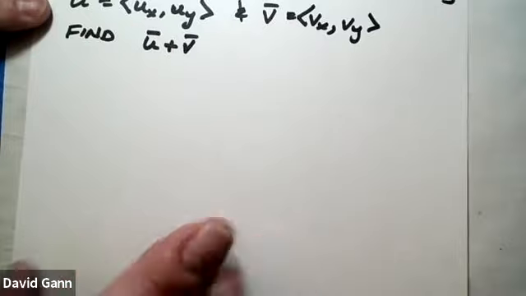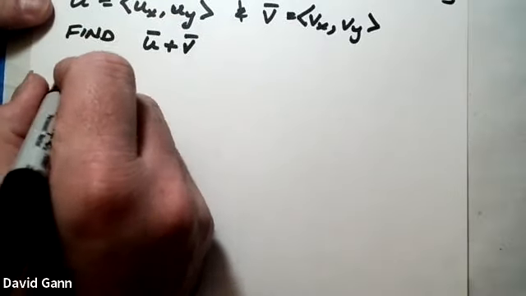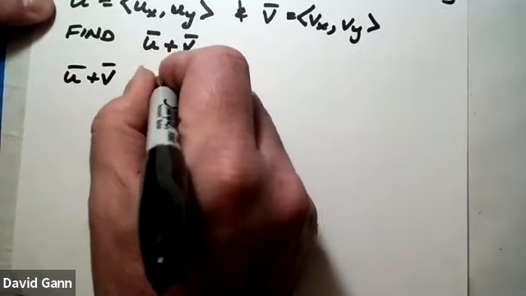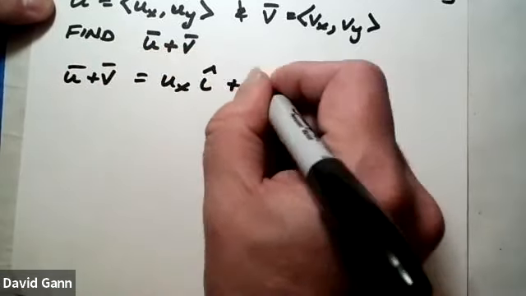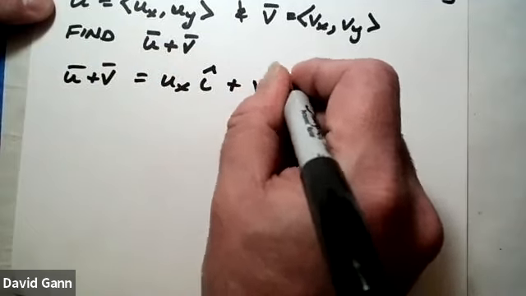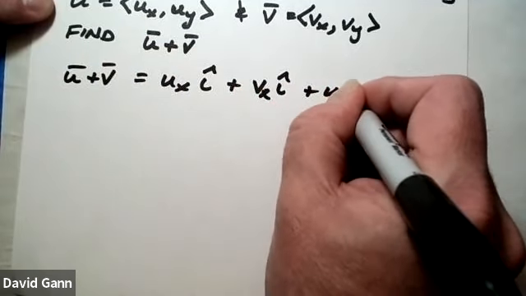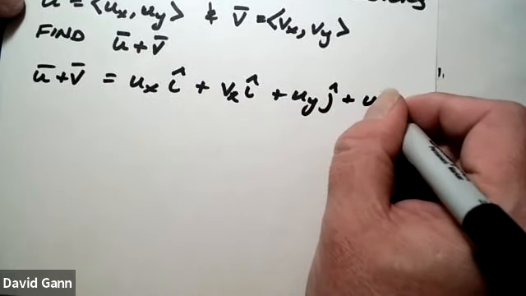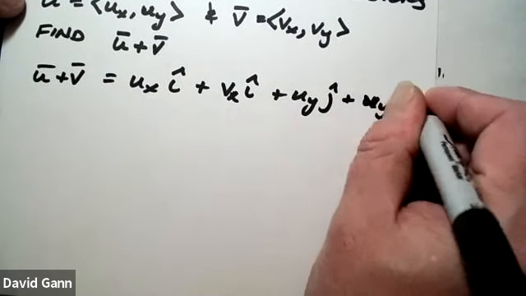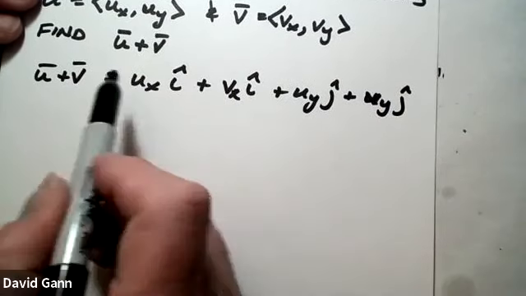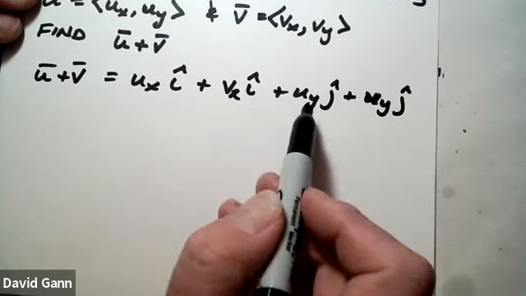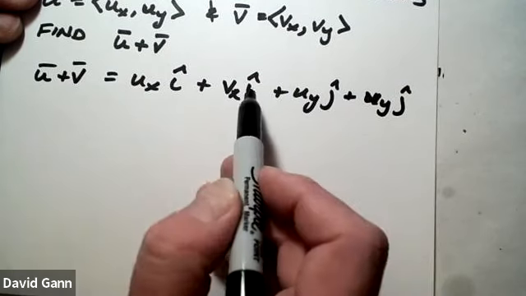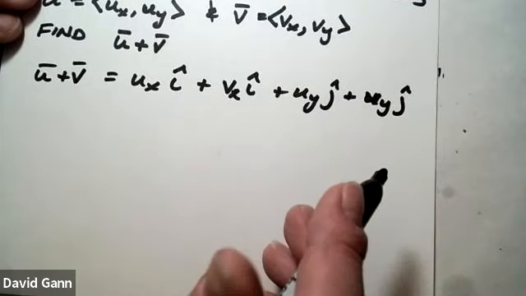So in vector form, find what it equals, what its components are. Well, okay, let's think about this. First off, we can write u plus v as being equal to uxi plus vxi plus uyj plus vyj. I kind of mixed them up here. u is ux plus uy times their respective direction vectors, and v is vx plus vy times their respective direction vectors.